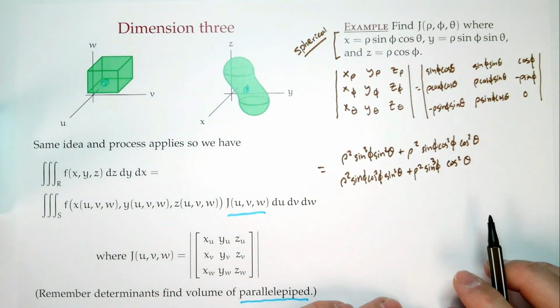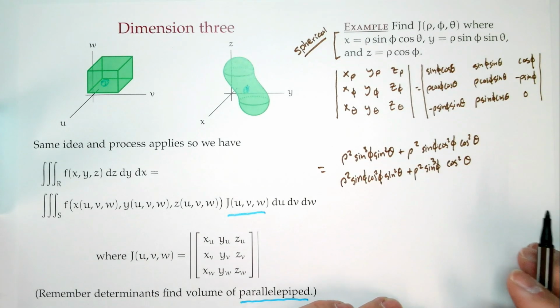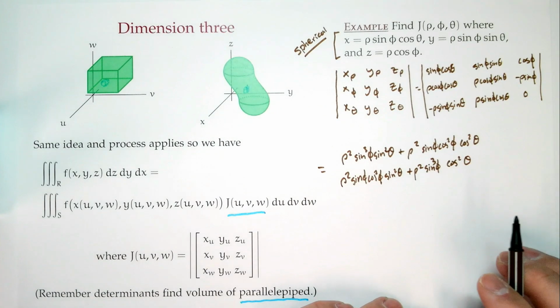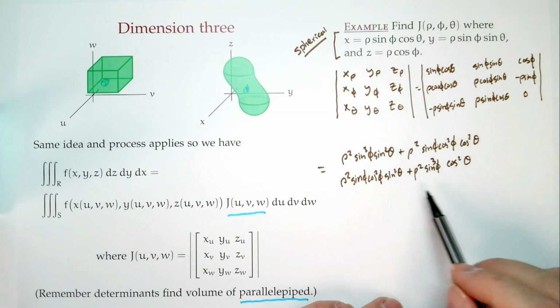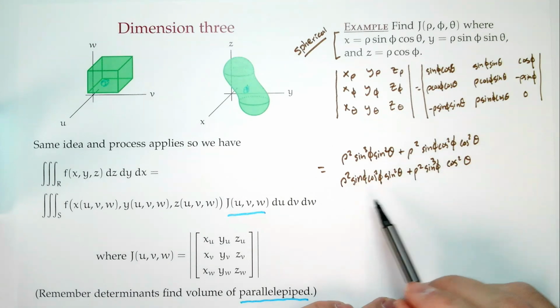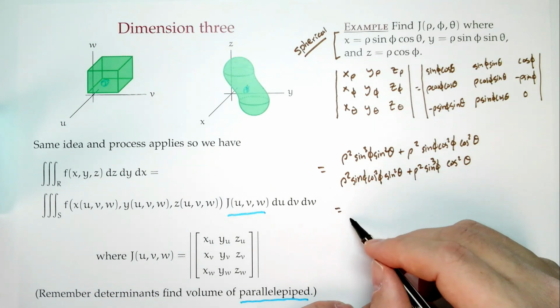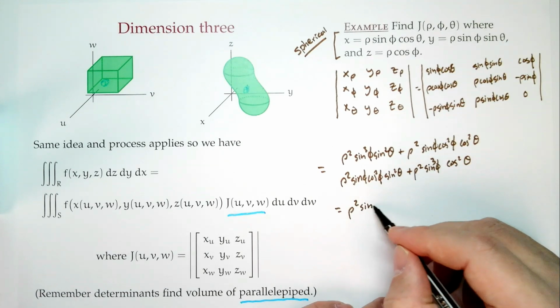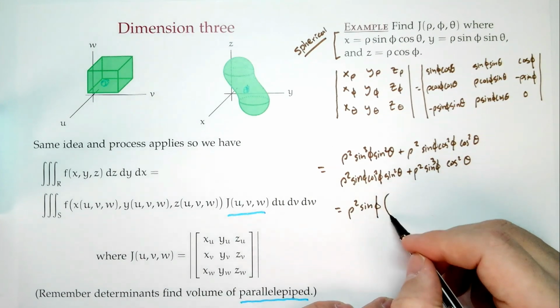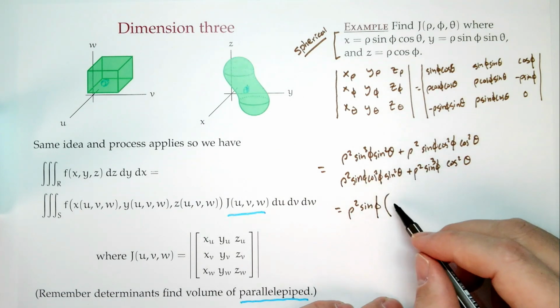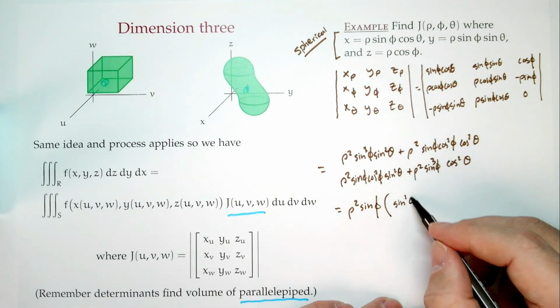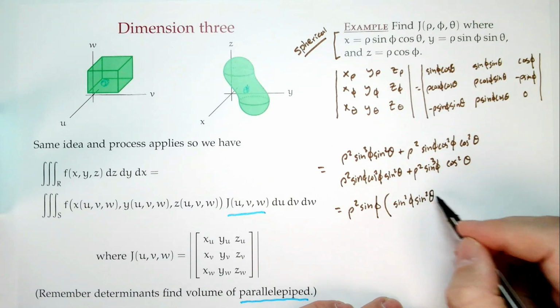Now, if we survived, of course we survived. No problems. What do we have? Well, notice everything has a rho squared. Everything has a sine phi. Rho squared sine phi. Sounds a little familiar. What's left? Well, from the first term, we have a sine squared phi, sine squared theta.